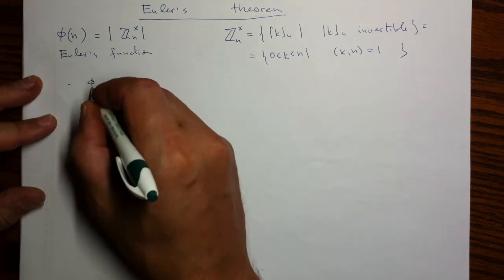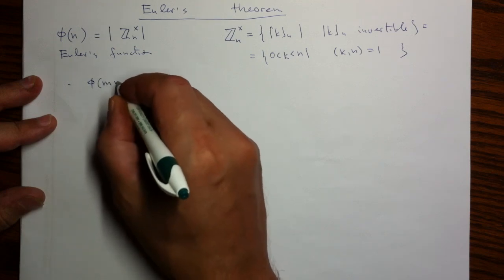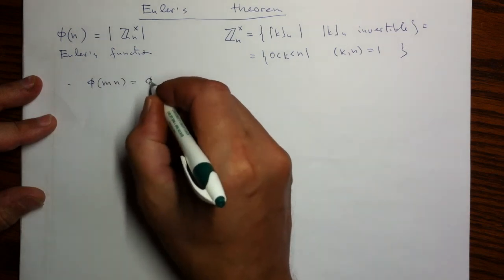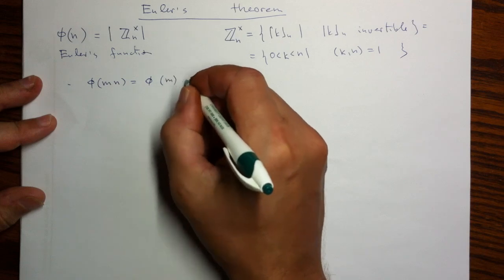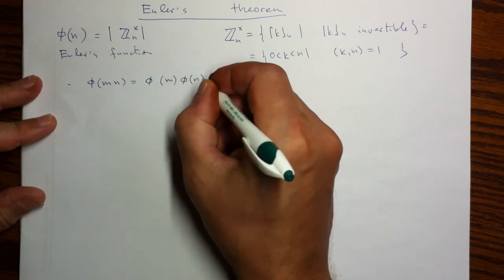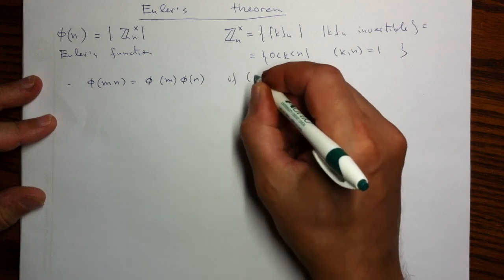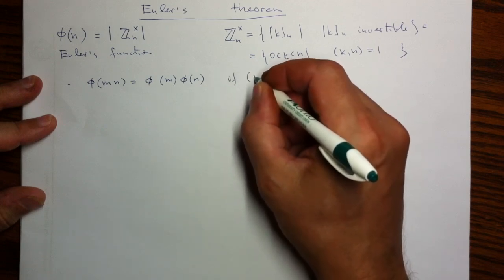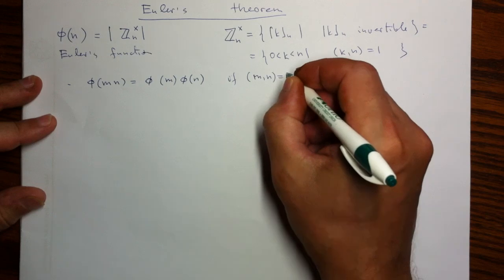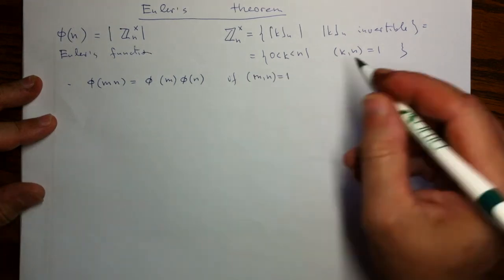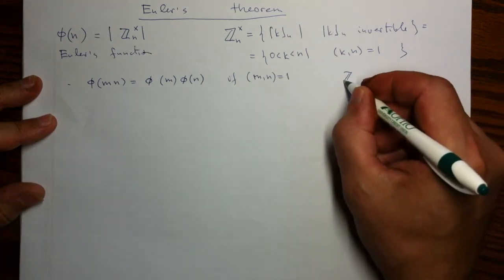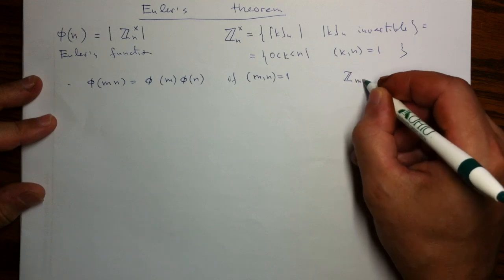So the first is the multiplicativity property. We have Euler's function on a product mn equal to the product of the values if and only if m is coprime to n. And that follows basically from the Chinese remainder theorem. Right?